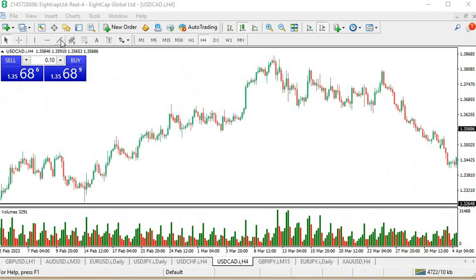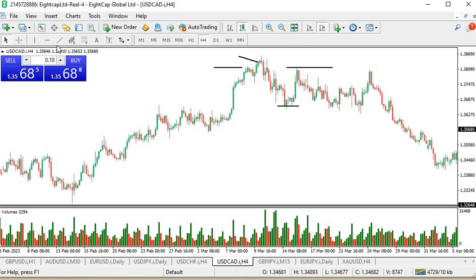Here I have another example. This one is the left shoulder, this is the head of the pattern, and this is the extended right leg. Then the market completed the right shoulder. We could have targeted the extended leg initially.